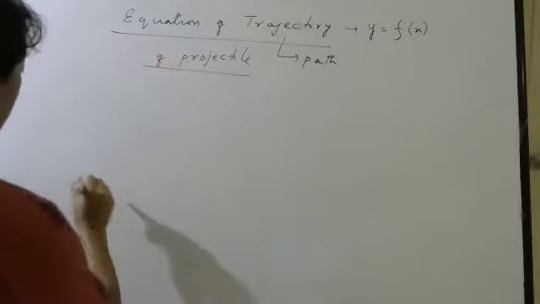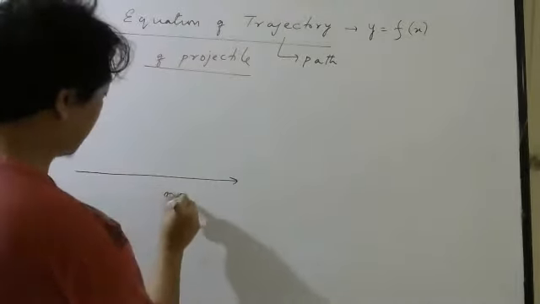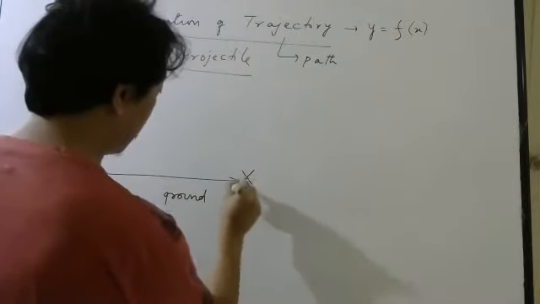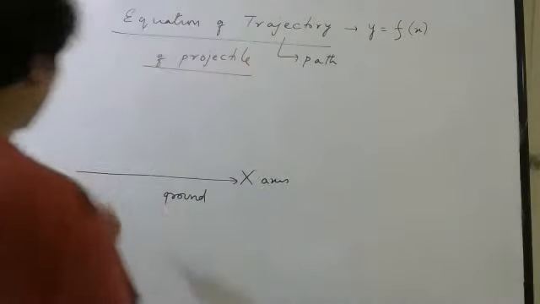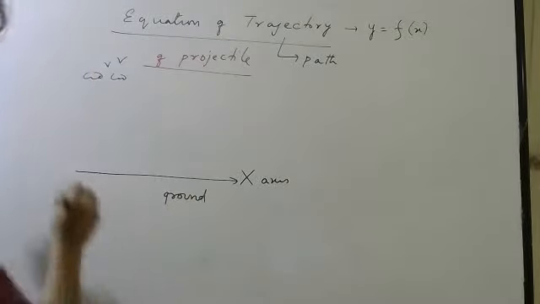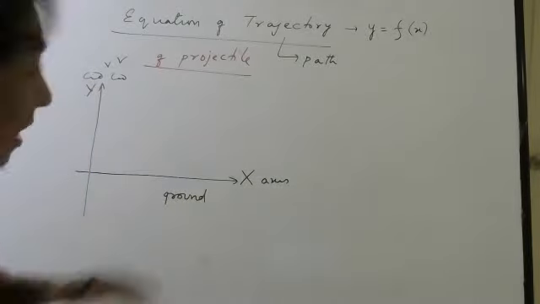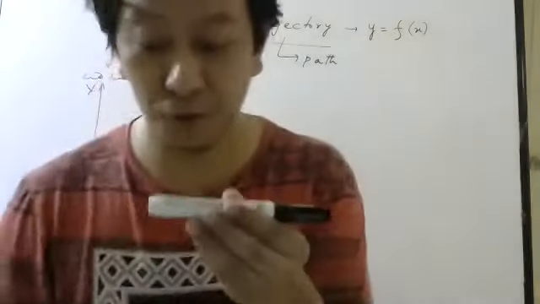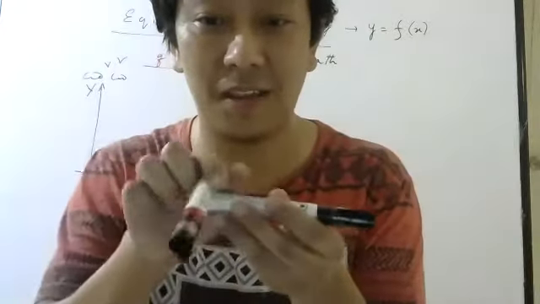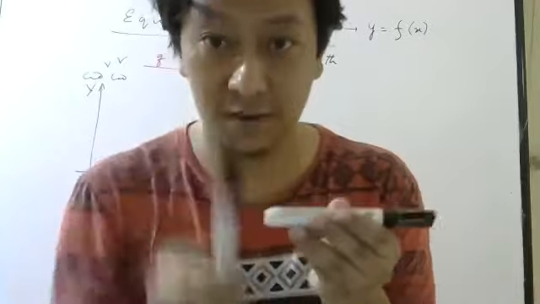First thing, I treat ground as my x-axis. And clouds, birds are flying, this I treat as my y-axis. Why I draw clouds is I don't want you to think x is here and y is here. Understood? You should think x is here, y is here, not here.